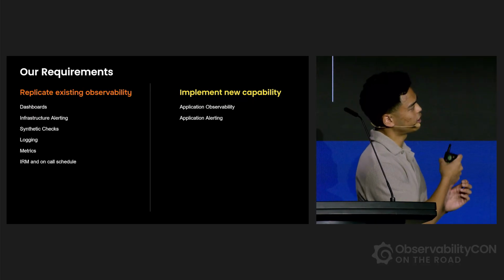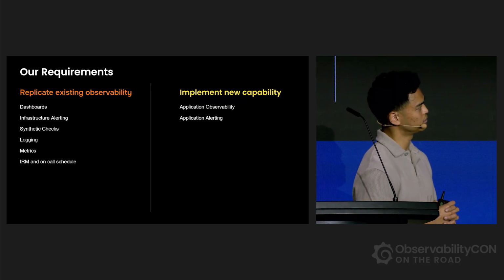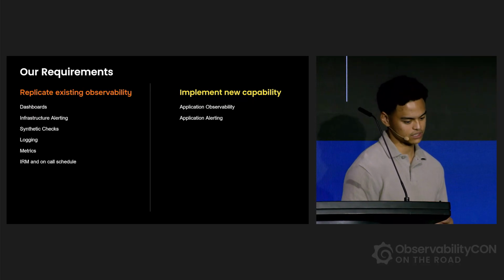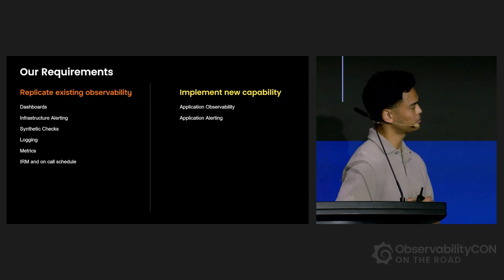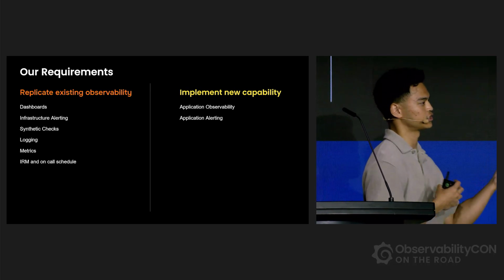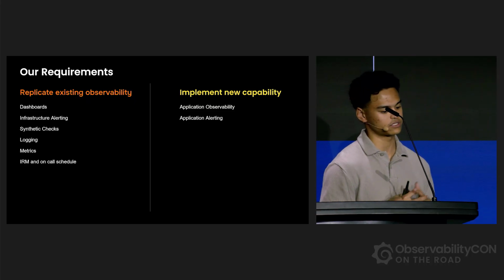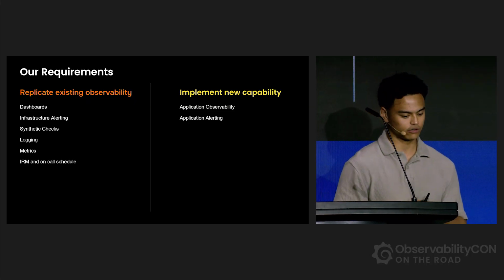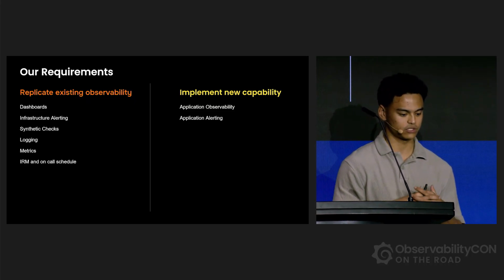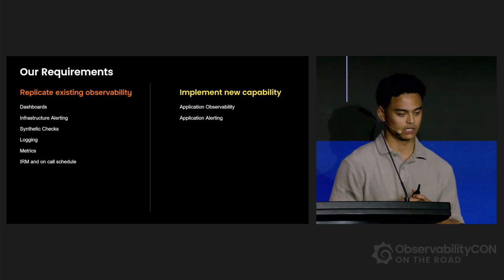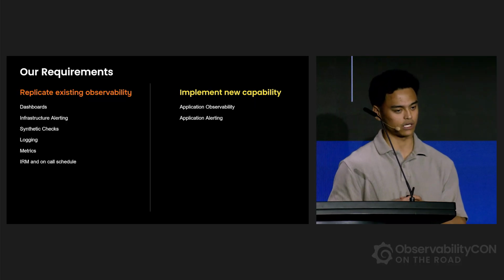These were our requirements. We had to replicate our existing observability capability, so anything from visualizations to our infrastructure metrics, synthetic checks for critical services, logging and metrics aggregation, incident response management, and on-call schedules.